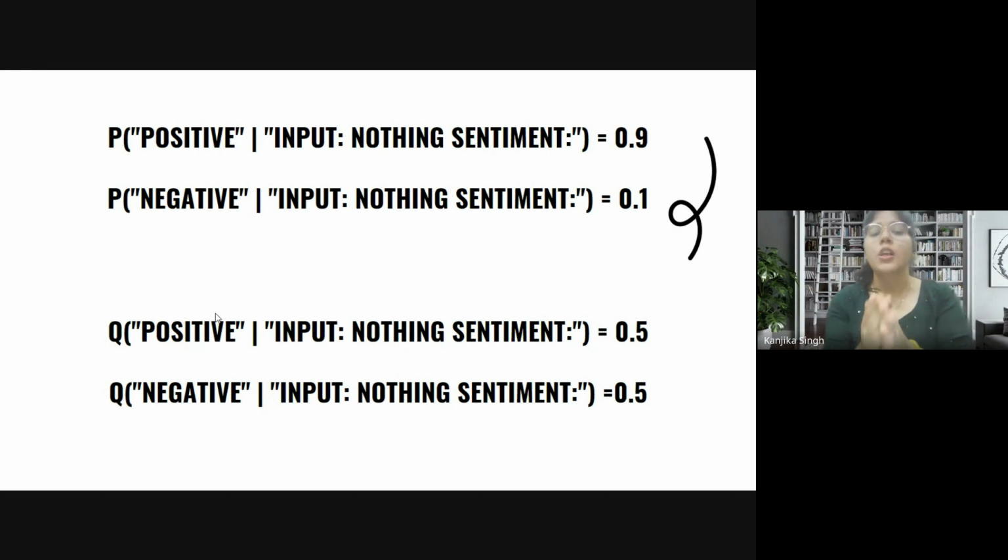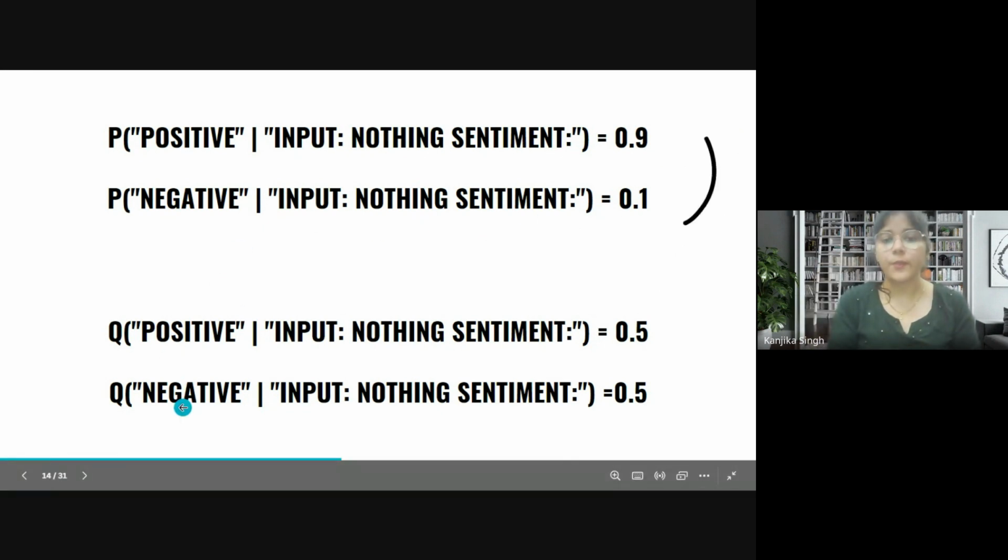For better understanding, we'll see this example. Here, what we have is the distribution. The probability of nothing sentiment being positive is 0.9, and the probability of it being negative is 0.1. So we try to normalize the data, which involves certain mathematical steps, to make sure that both positive and negative sentiments with respect to nothing sentiment become 0.5.